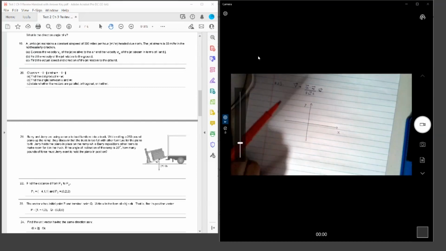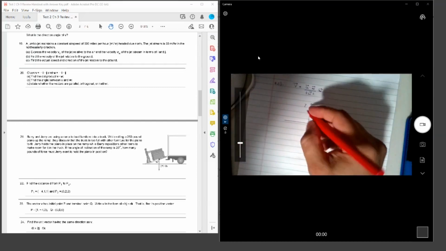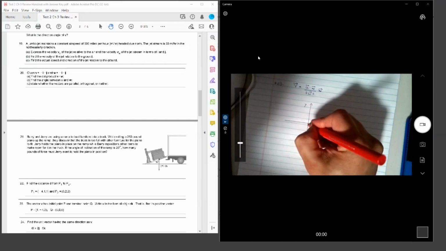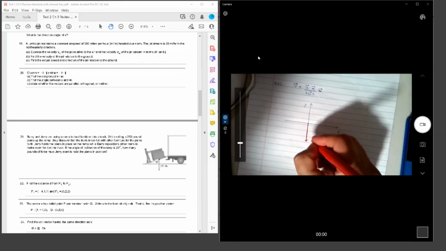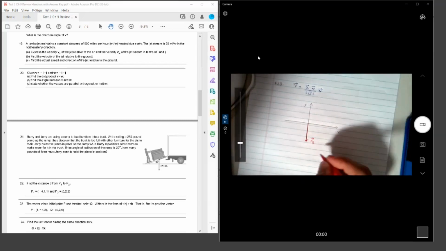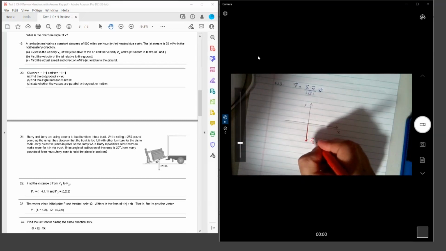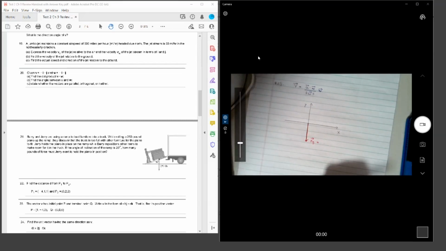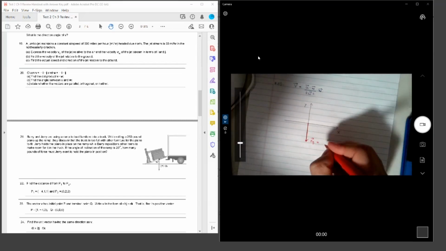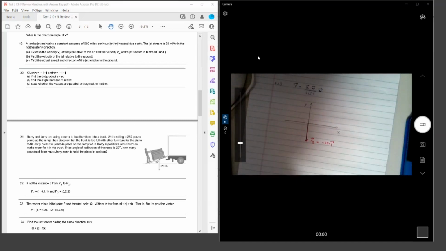The piano weighs 250 pounds. So therefore, we could call that the force due to gravity, and that particular vector will be equal to negative 250J. And why do I say that?